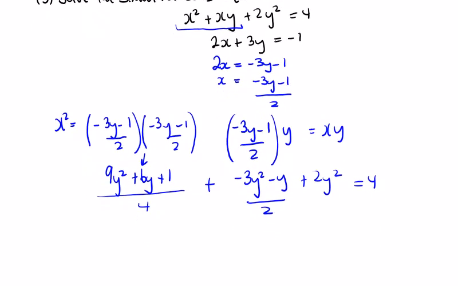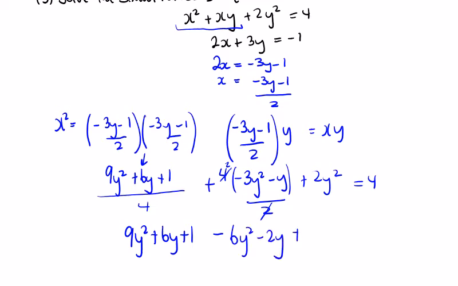So if we multiply everything by 4, we get 9y squared plus 6y plus 1 minus, the 4 will go here so it'll make it a 2, put the 2 on the bottom. So minus 6y squared minus 2y plus, and we're multiplying this one by 4, 8y squared.